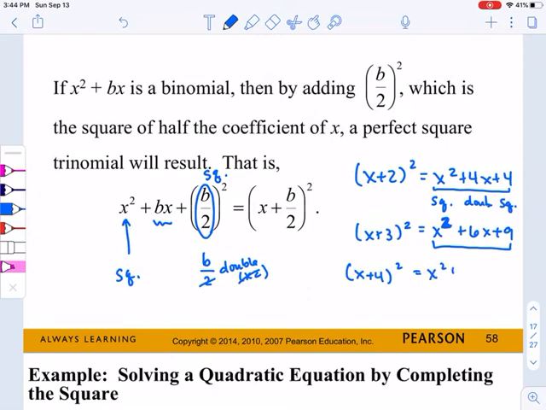That would be x squared plus 8x plus 16. If I add a 4 to this binomial, or a 9 to this binomial I might have started with, or a 16 to this binomial I would have started with, that's what it means to complete the square: finding a way to make it a perfect square trinomial.